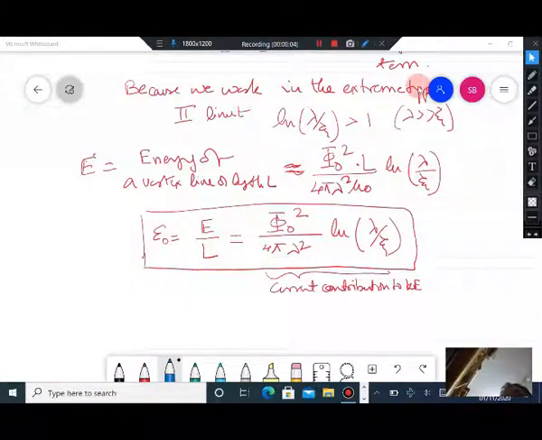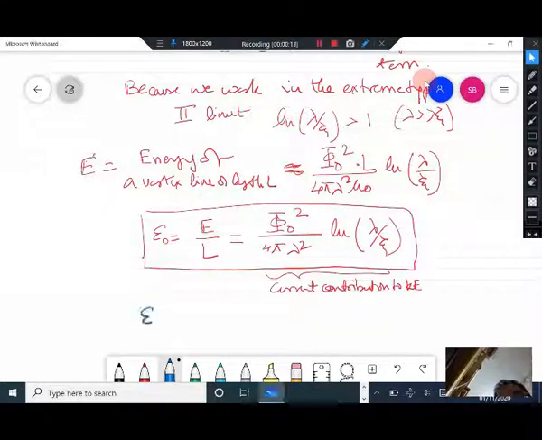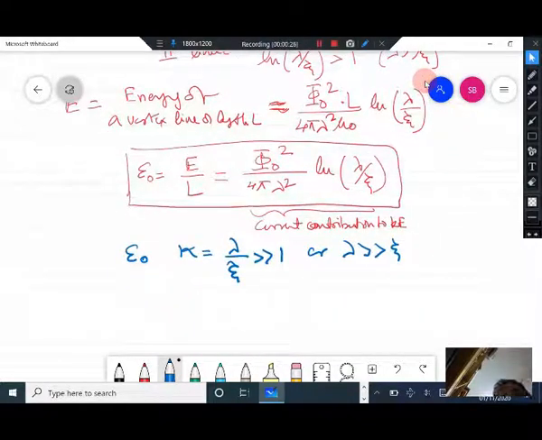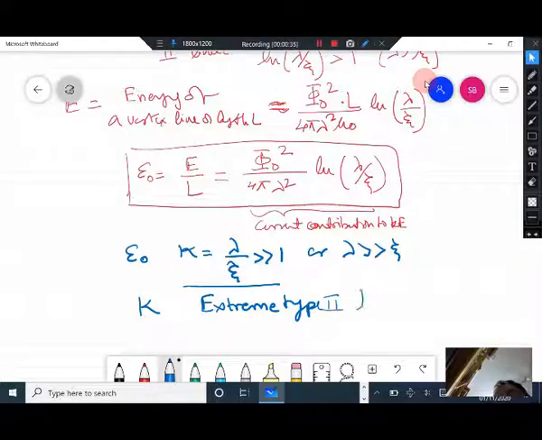Now, before we end, one would like to say that the above relation for the energy per unit length of the vortex line, namely epsilon naught, has been obtained for kappa, which is lambda by xi, much greater than 1, or lambda much greater than xi. This is the extreme type 2 limit.